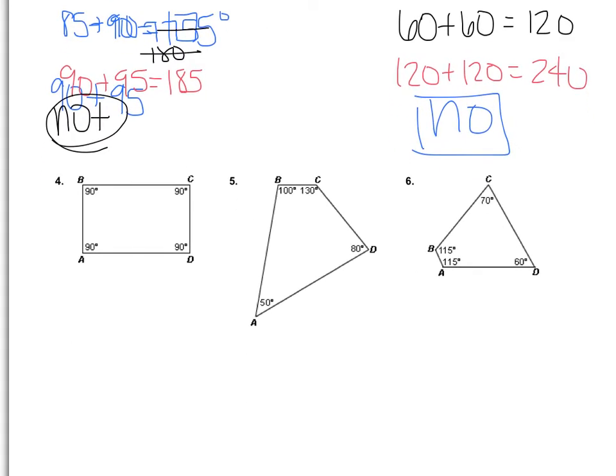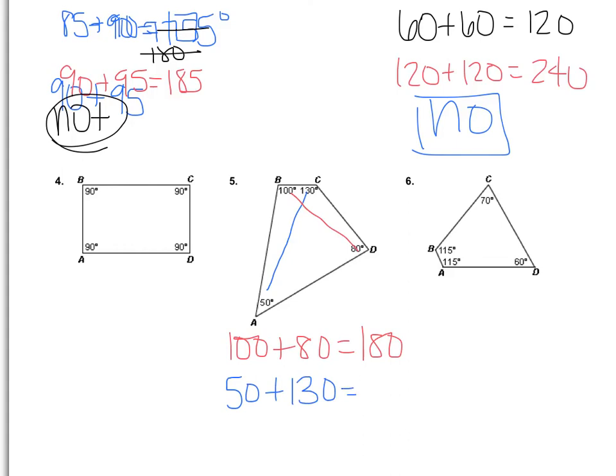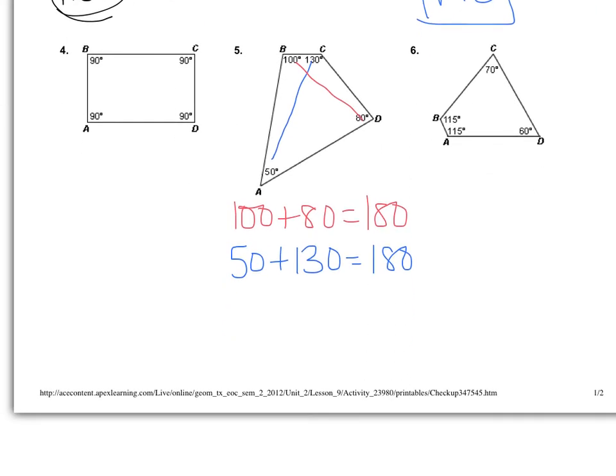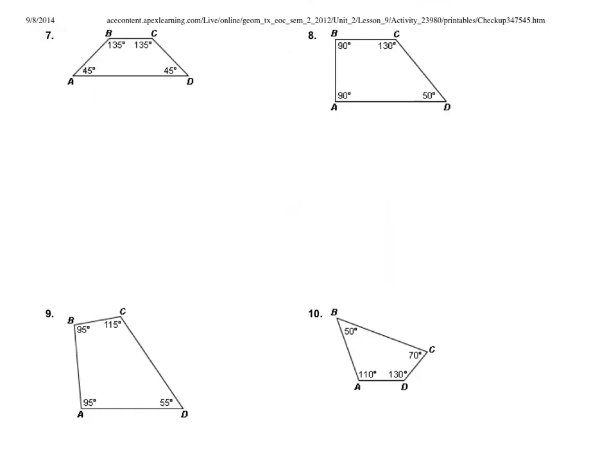Number 5, I need to add my opposite angles. So 100 plus 80 equals 180, and 50 plus 130 equals 180. So in this case, yes, I could.